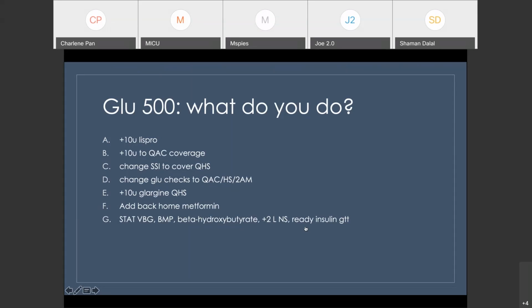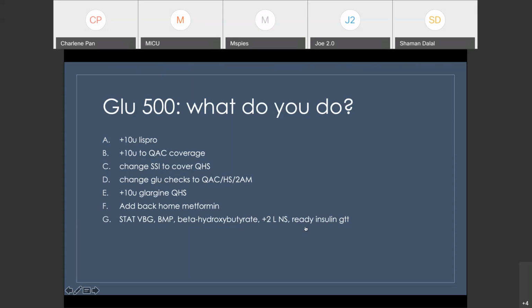The good thing about the diabetes order set is that when you order that, it actually comes with the hypoglycemia protocol. So if the patient goes into hypoglycemia, the nurses can just do what is there according to the protocol itself.